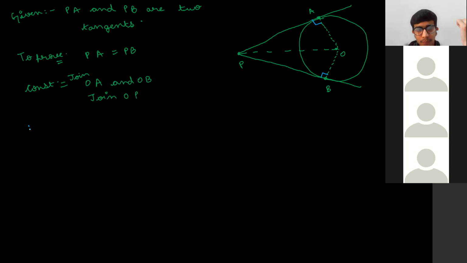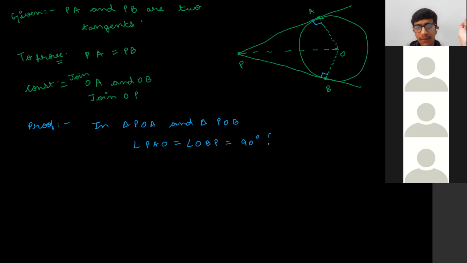So in the proof, what we are going to do is try to prove that triangle POA and POB are congruent to each other. So in triangle POA and triangle POB, the very first thing is angle PAO is equal to angle OBP equal to 90 degrees, and the reason behind this is PA and PB are the tangents to the circle.